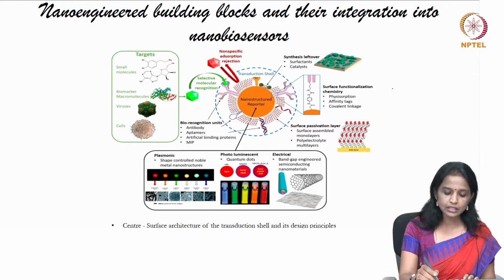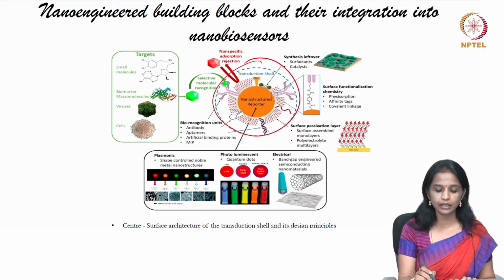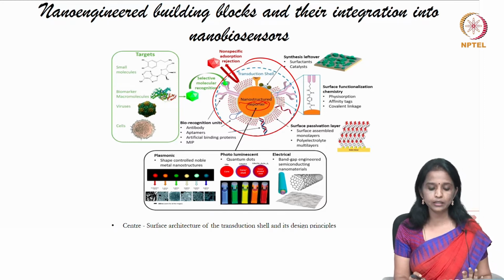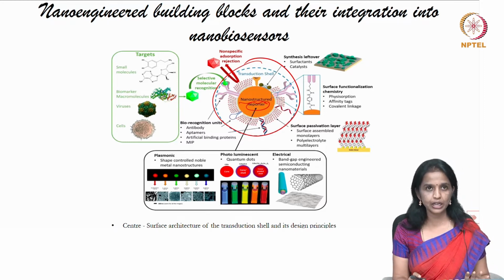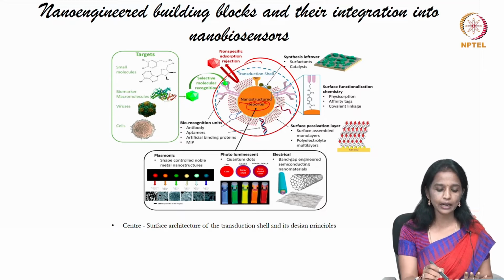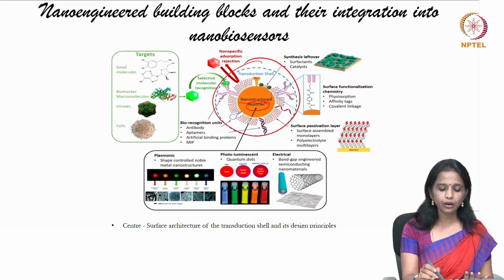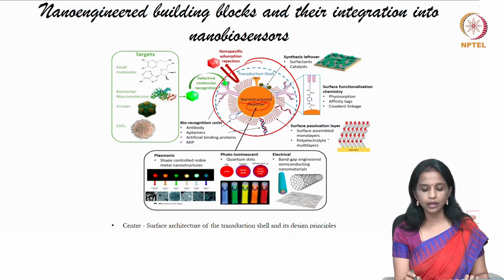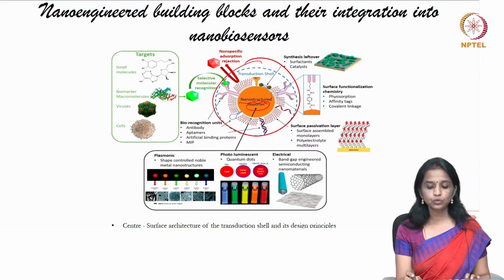This centrally placed diagram clearly illustrates that there is a nanostructured reporter molecule, which is actually the transduction shell. This transduction shell helps in having very clear biorecognition units and surface passivated layers. So this is actually of very great interest.